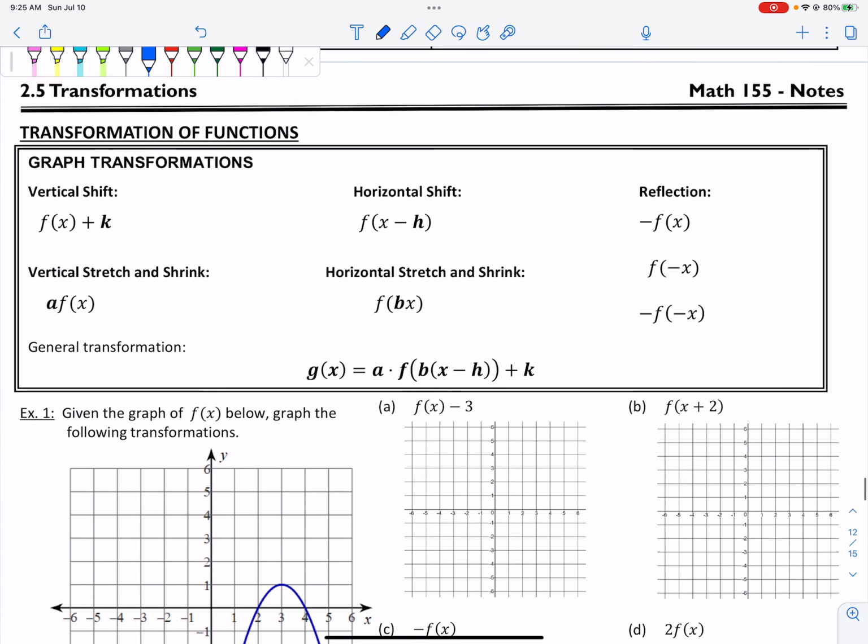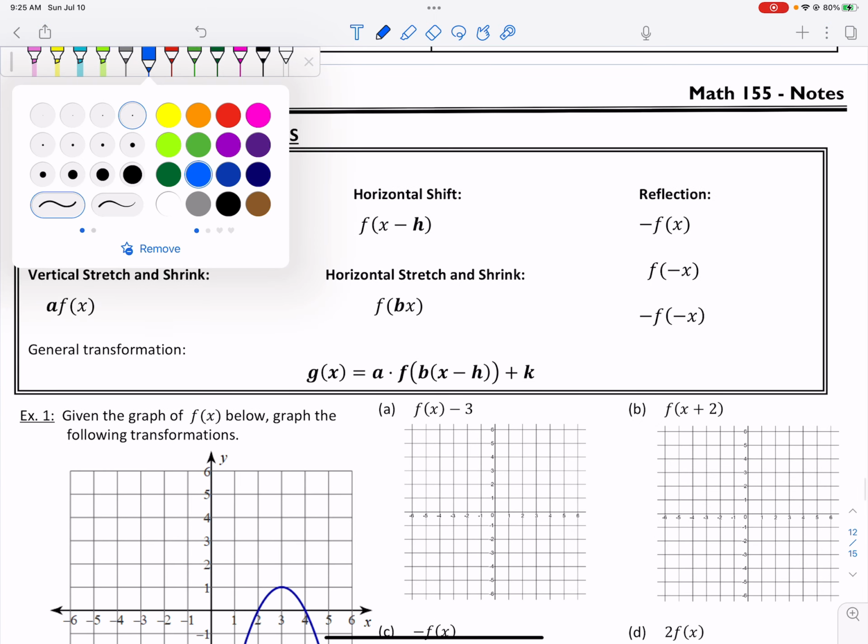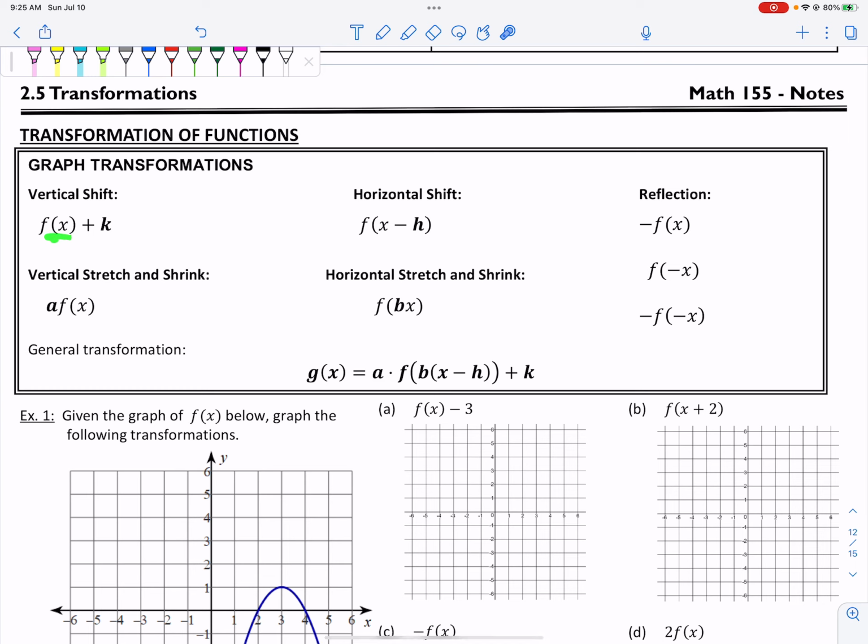When we see the original function f of x, and it is added to a number, whether it's negative or positive, we can have a vertical shift. So for example, we have f of x equals x squared, and there's 3 added to the x squared, then we see it is a shift up 3 units.